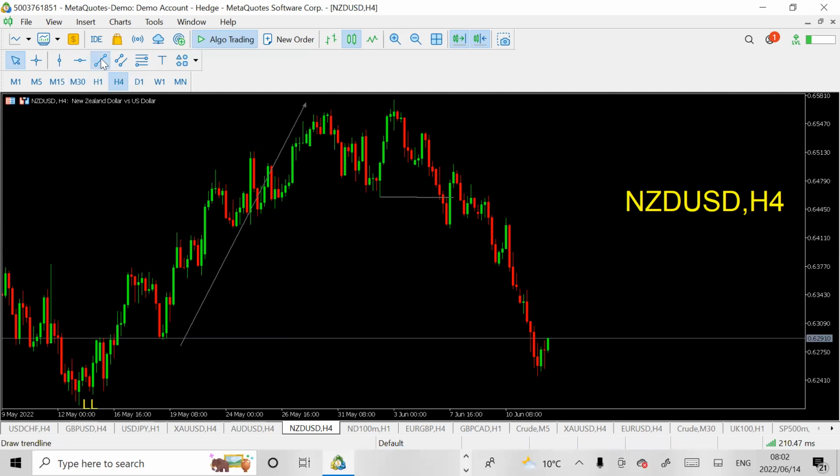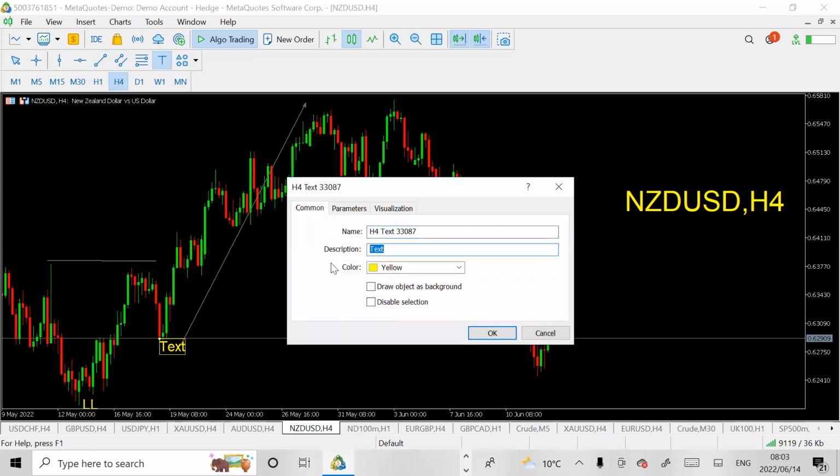And then what happened? It took out this lower high, which I'm going to mark. And that lower high was our change of character, coming to the bullish side. So I'm marking lower low, lower high, lower high.